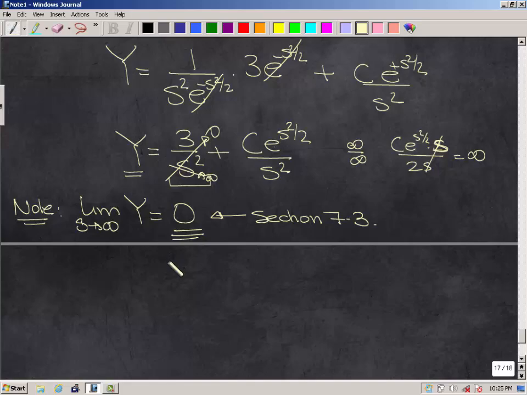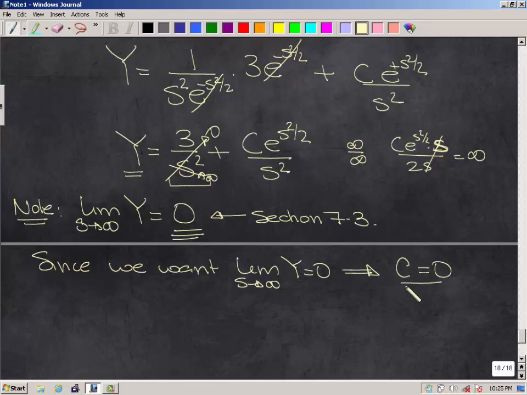So what should we do here? Since we want the limit as s goes to infinity of big Y to be 0, this would imply that we would have to take c to be 0, because we can't have this term present. If this term is present, then it'll go to infinity when s goes to infinity, and we don't want that. We want everything to go to 0.